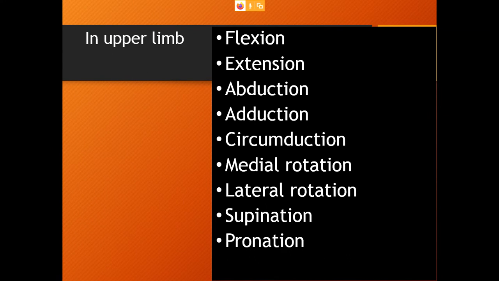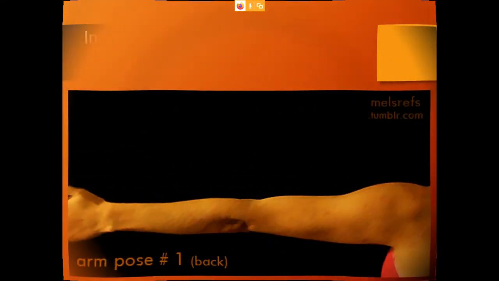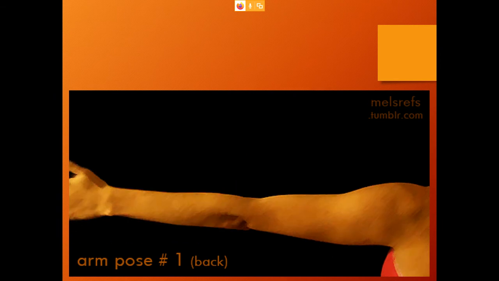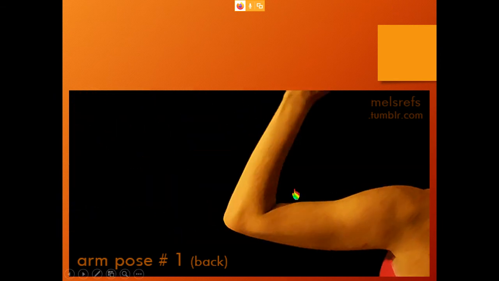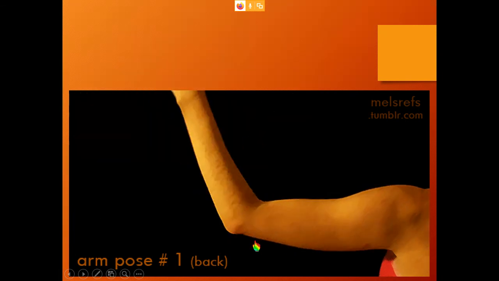These are the movements which we can identify in the upper limb: flexion, extension, abduction, adduction, circumduction, medial rotation. Let me show you one by one. First, flexion: flexing her elbow, and keeping it in the normal position is extension. Then abduction: moving the upper limb away from the midline.